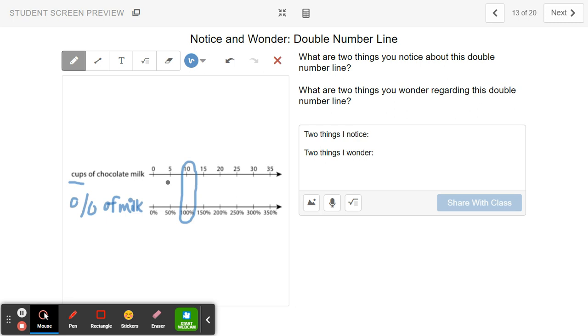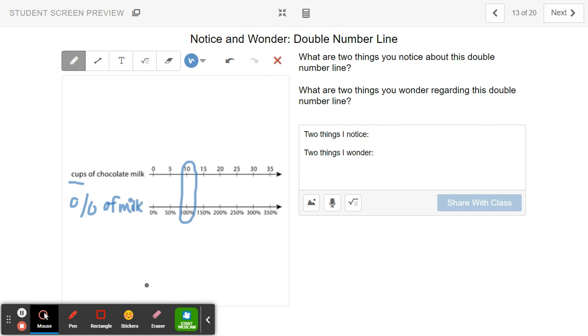So 0 is over 0, 5 is over 50, 10 is over 100, right? That is telling us that the 25 goes with what's below it, 250%. The 30 goes with 300%. So these are purposely matched up.